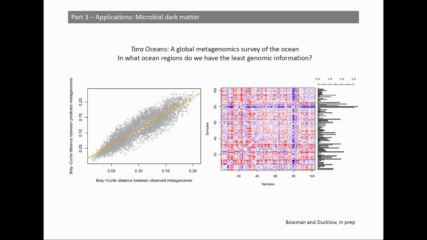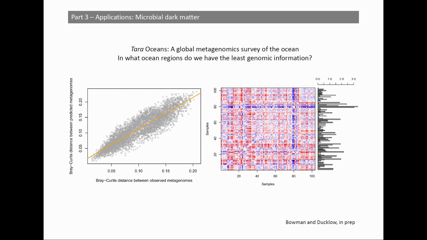And what we've done here is we've looked at Bray-Curtis distance between predicted metagenomes up against observed metagenomes. Places where there are strong deviations between these two indicate that we have a weak understanding of the genetic contents of the microbes that are present. And you can play with this a little bit to start getting a sense of, well, where in the ocean do we have a poor understanding of the genetic contents of the resident bacteria? And that's what we've tried to do here.